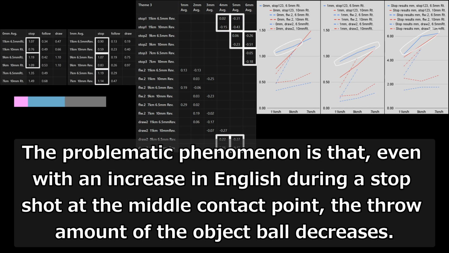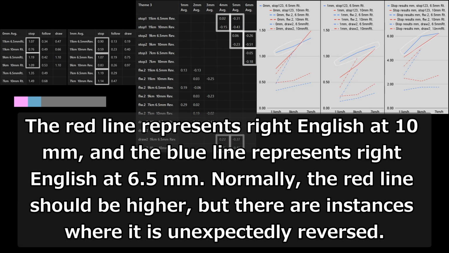The problematic phenomenon is that, even with an increase in English during a stop shot at the middle contact point, the throw amount of the object ball decreases. The red line represents right English at 10 mm, and the blue line represents right English at 6.5 mm. Normally, the red line should be higher, but there are instances where it is unexpectedly reversed.